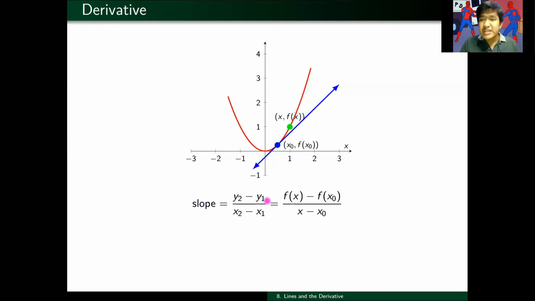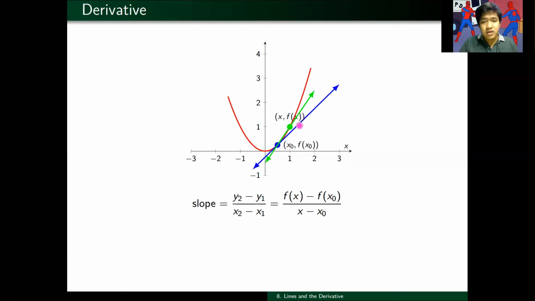So, pag kumuha ako ng mas malapit na point, ganun pa rin. So, anong point ko? Pwede akong kumuha ng points, papalapit ng papalapit doon sa x0, f of x0. Tapos eventually, palapit siya ng palapit dito sa blue line. So, yung slope ng green line, habang palapit ng palapit yung point dito sa blue point, yung slope ng line na yun, palapit ng palapit dito sa slope ng blue line.